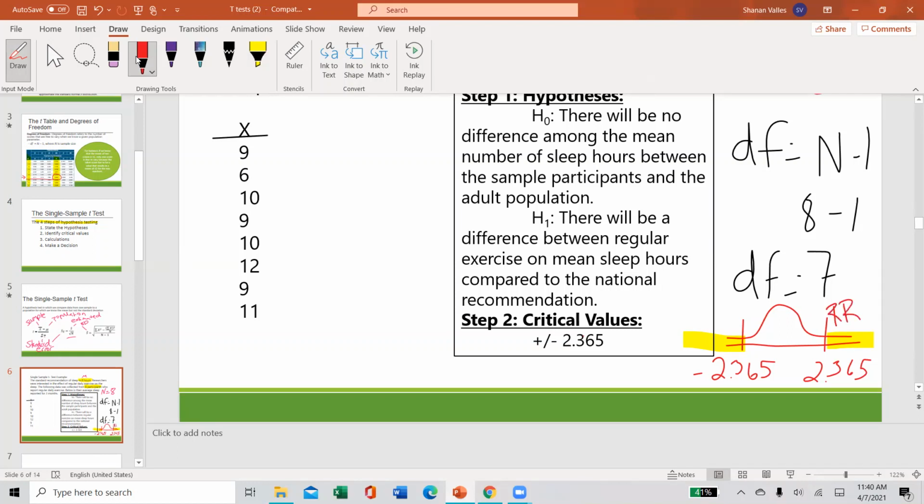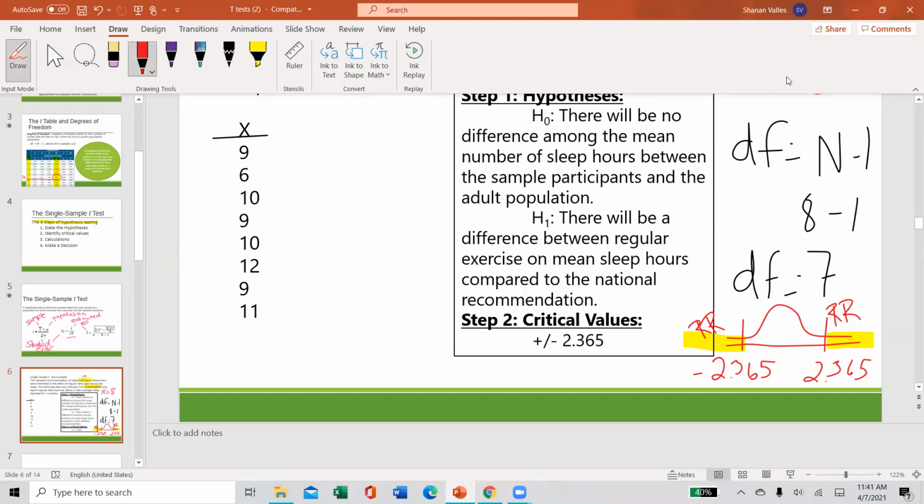Remember, in the tails beyond our critical values is the rejection region, okay? So when we calculate our t-score, we're gonna take that value and move it along this little distribution that we just drew here and see if that value exceeds 2.365 on the positive end, or if it exceeds negative 2.365 on the negative end. If it finds its way in the tail somewhere, then we are going to reject the null hypothesis, okay?